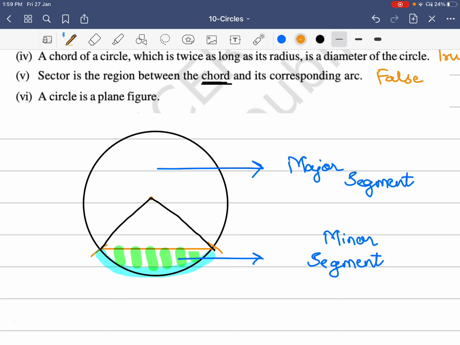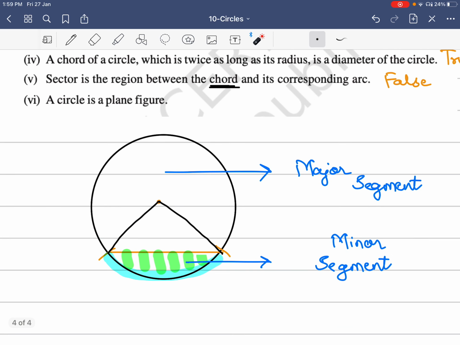And now coming to the last statement of this true and false series, a circle is a plane figure. Is a circle a plane figure? No. A plane figure is a figure which we make using straight lines, like a rectangle, a square, or a triangle.